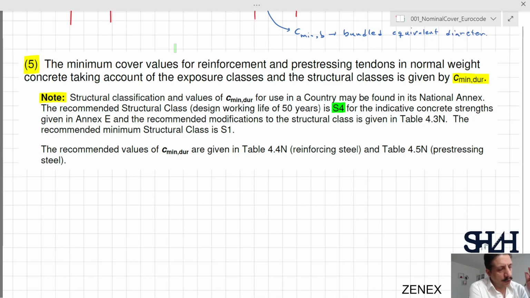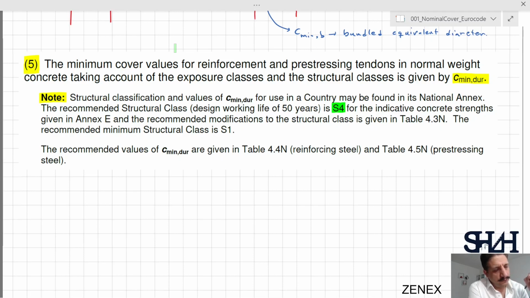So, for calculation of C minimum durability, we need to know what kind of a structural class we have. And after finding the structural class, we need to modify it by the given information in Table 4.3. We will go through that.